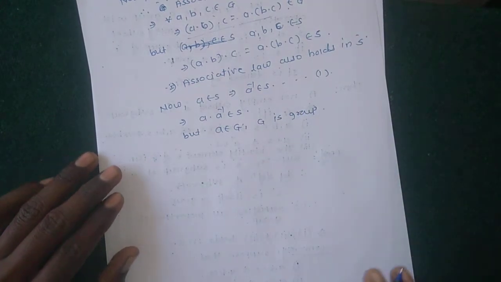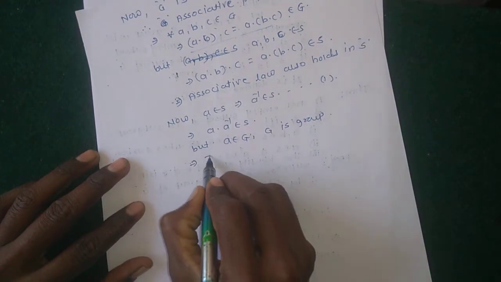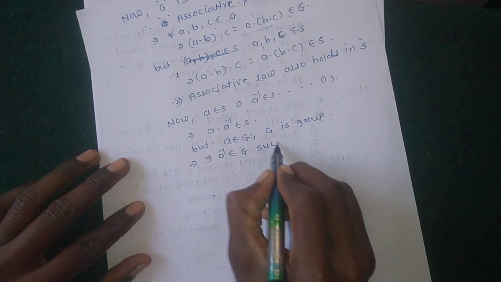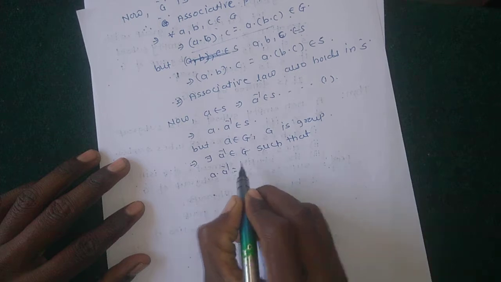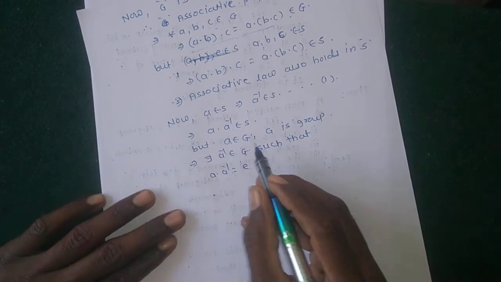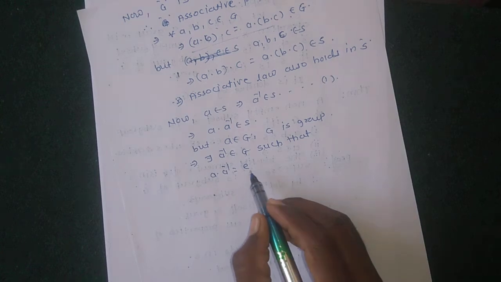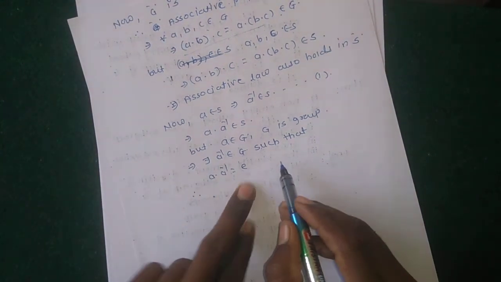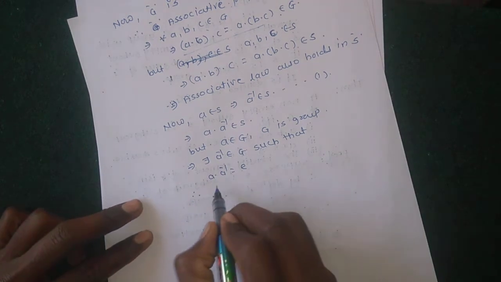A belongs to G and G is a group, which implies that there exists A inverse belonging to G such that A into A inverse equals identity. Okay, there A into A inverse equals identity, but the identity element is unique, therefore the identity element exists in S.